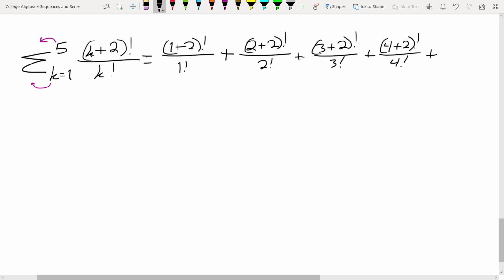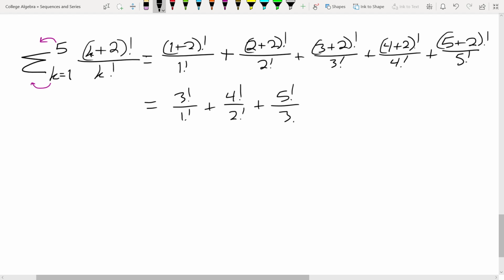And the last one, because k equal to 5 is the top portion, so that means we're going to end here. Now this gives us 3 factorial over 1 factorial, 4 over 2, 5 over 3, 6 over 4, and 7 over 5.